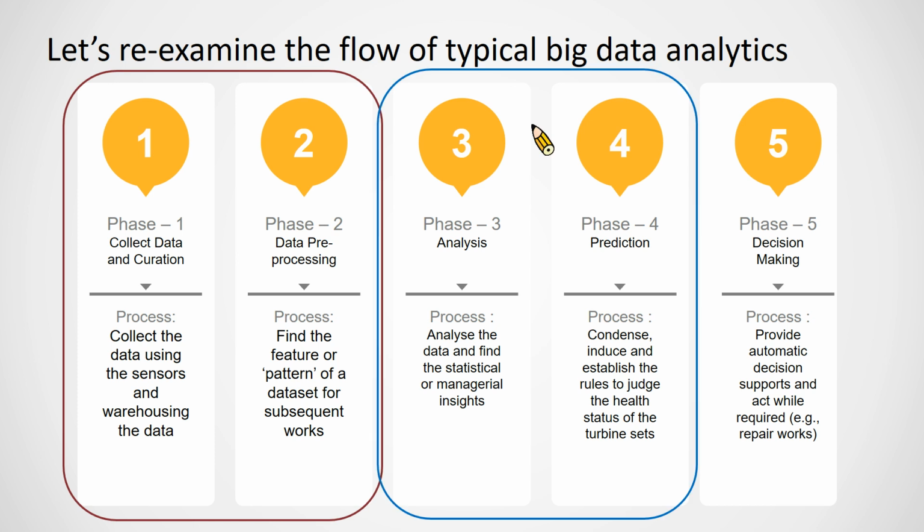The red box shows the focus of this study, which is from phase 1 to phase 2. So if we do these phases well, phase 3 and phase 4 can be launched in the future on a solid basis, which is our next study.